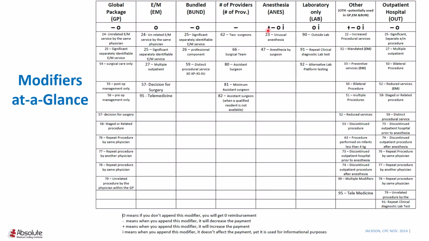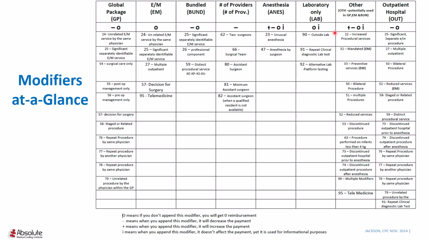The plus means that when you append this modifier, it will increase the payment. In this category we're talking about anesthesia, laboratory, other. Where's that 22? There it is. You use that modifier, it's going to increase the payment. The I means that when you append this modifier, it doesn't impact the payment, yet it's for informational purposes. So this is the modifier that you should append for information.